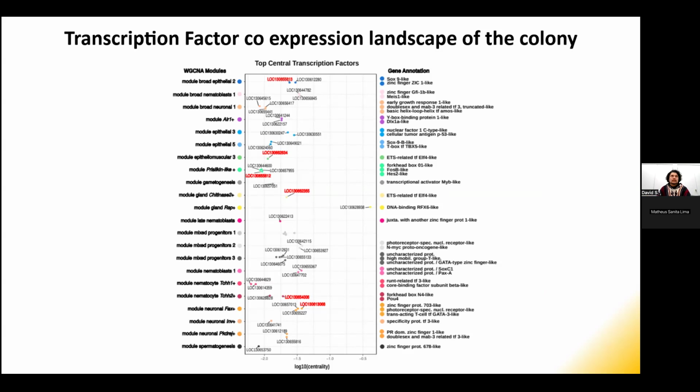It's telling us, from all the transcription factors in a network, in a specific cell type, in a gene module, which one is the better connected, so which one has the highest number of connections in the network. And it's a good measure for identifying regulators of a specific cell type.